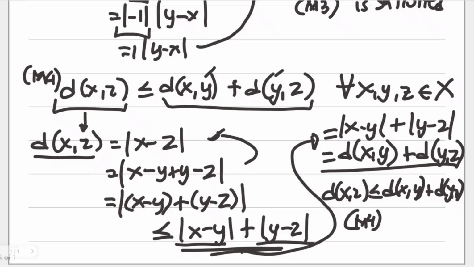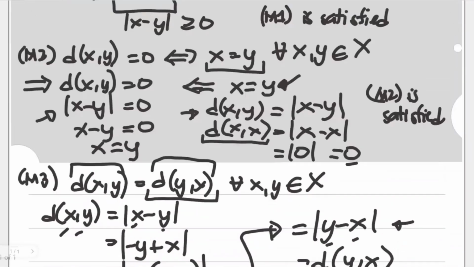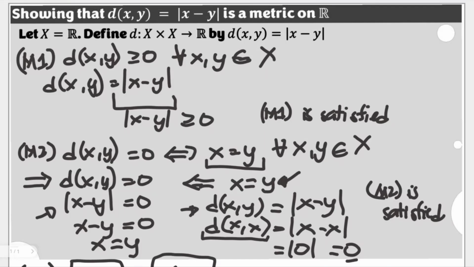M4 is satisfied. So with M4, M3, M2, and M1 being satisfied, we can now say that therefore d, defined with this expression, is a metric on our set of real numbers.